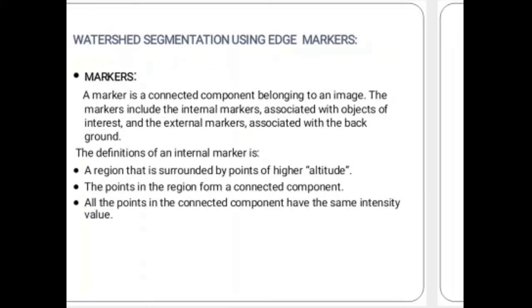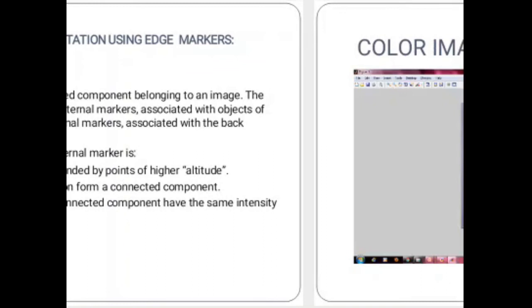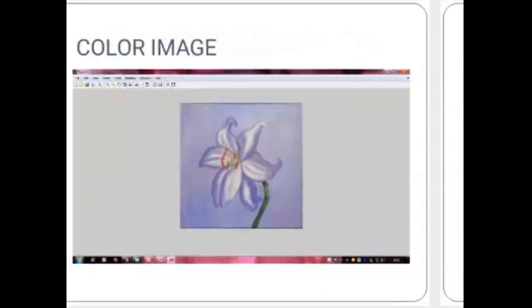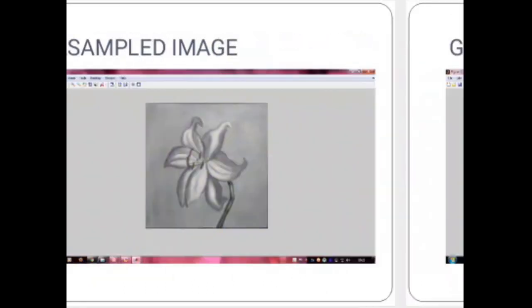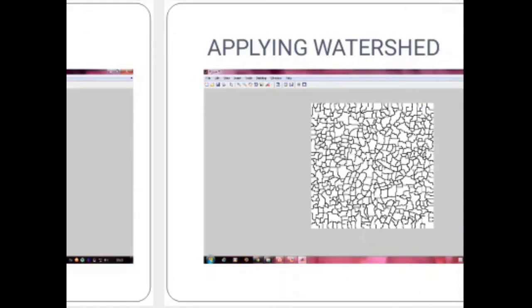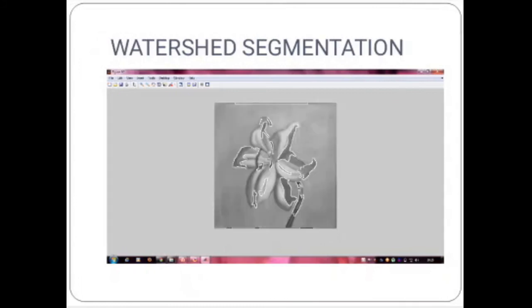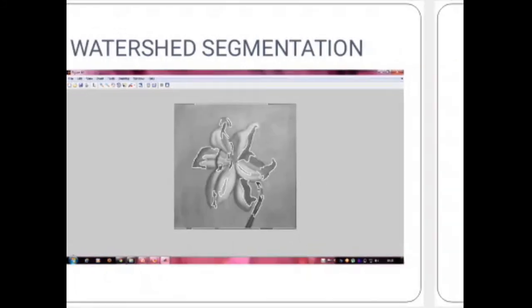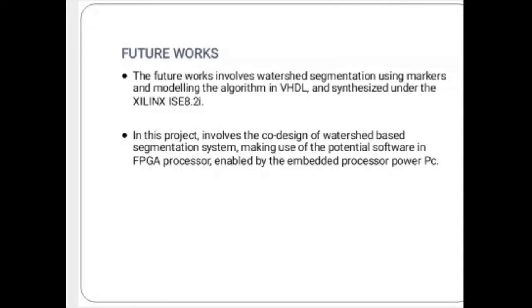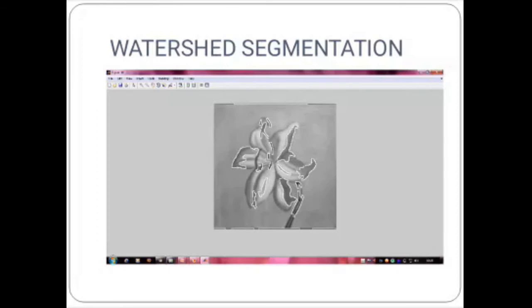Okay, and the external markers will be shown as watershed lines. Here I can show you the clear picture. This one is the superimposed image after the watershed segmentation is carried out. After the watershed segmentation, you can find the edges, where one will be the internal marker and the other will be the external marker.